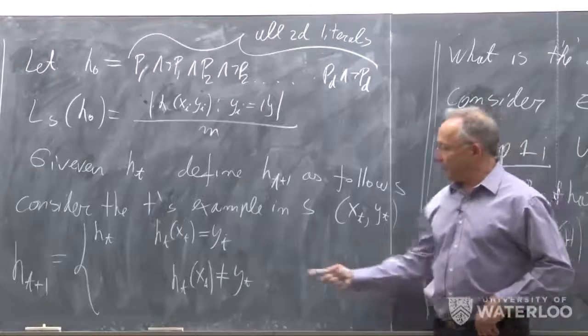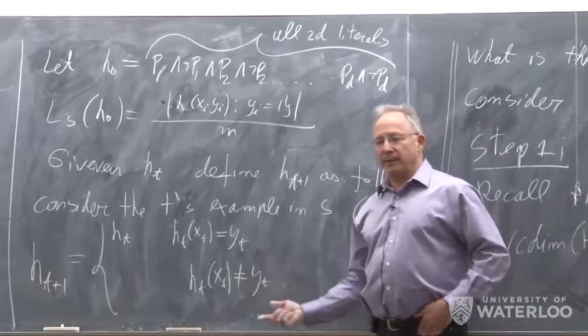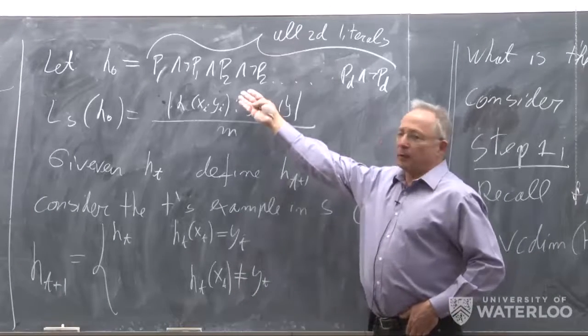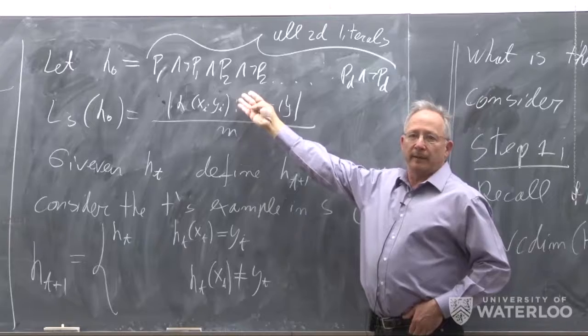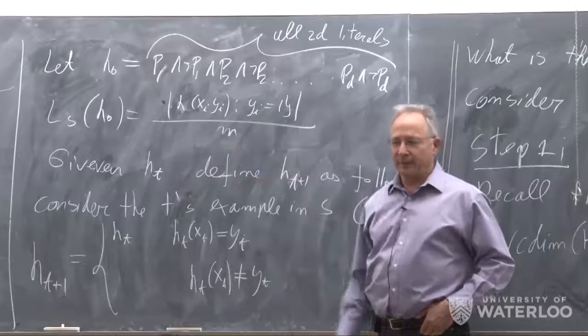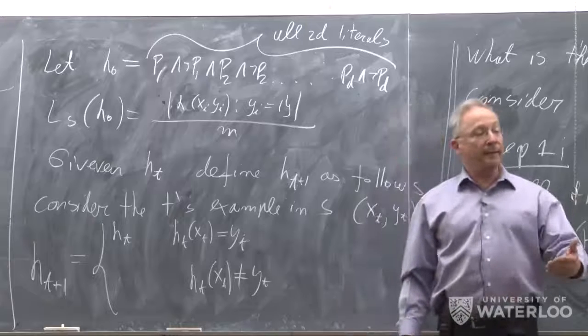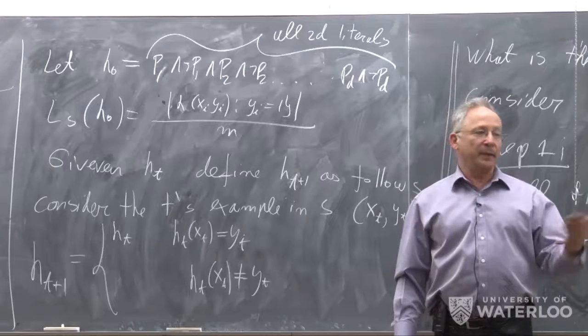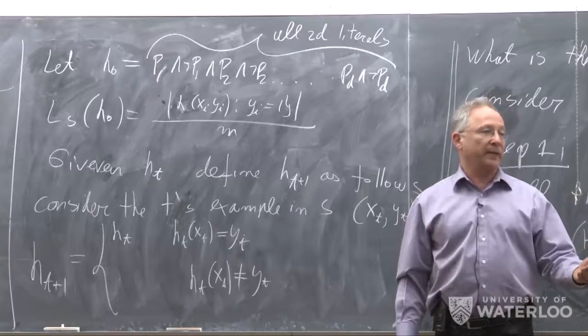So if I have an example on which I make a mistake, note that we make mistakes only on examples that are labeled 1. Examples that are labeled 0, we already rejected everybody. We are very tough. So there comes someone with label 1, and we make a mistake. That means our current hypothesis is going to reject it.